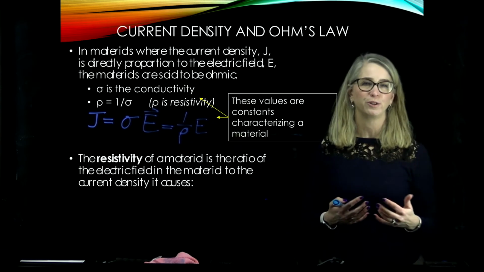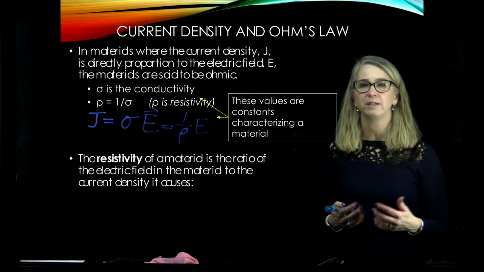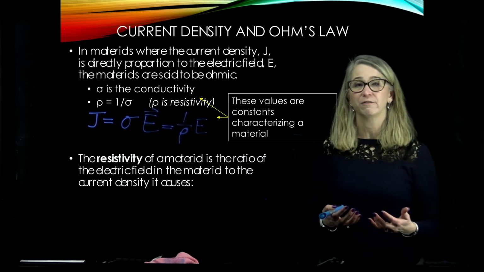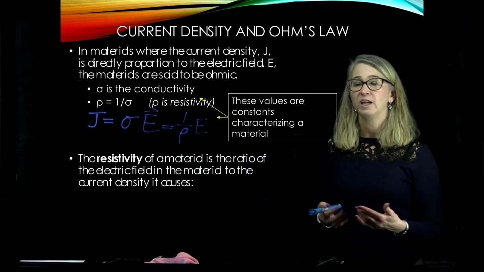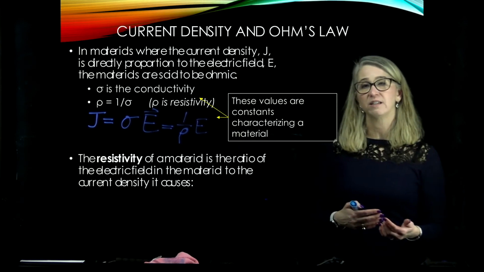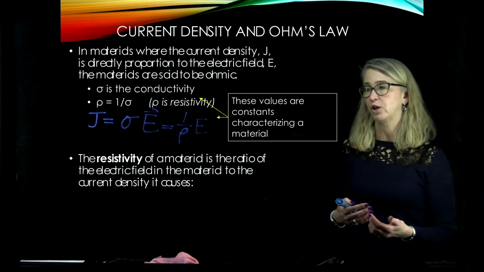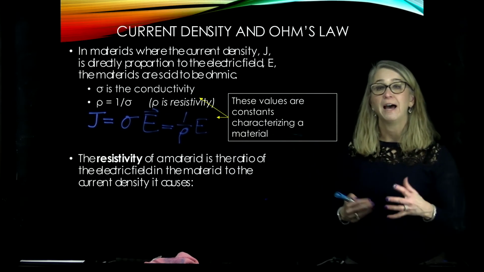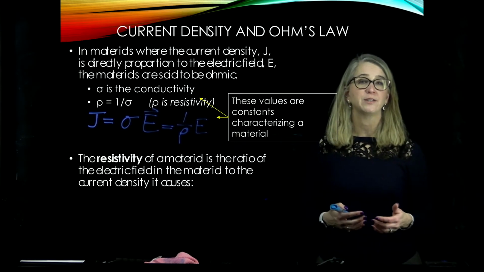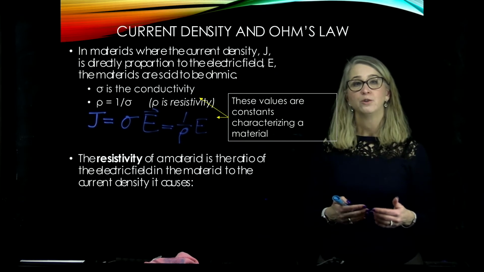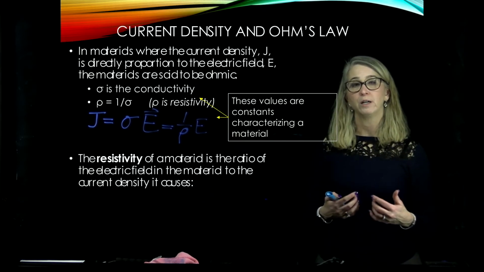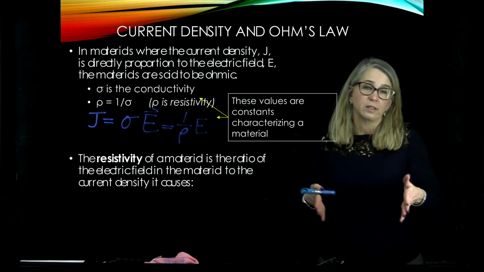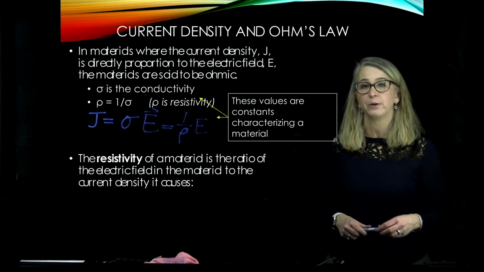Resistivity is really looking at it from another viewpoint: how much does it fight the flow of current. Resistivity and conductivity are inversely related to each other. In your book, you'll see a table of values for conductivity and resistivity for different materials. The values for sigma and rho are characteristic of a material, like a constant for that material.